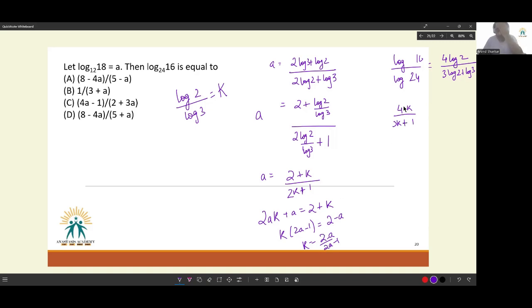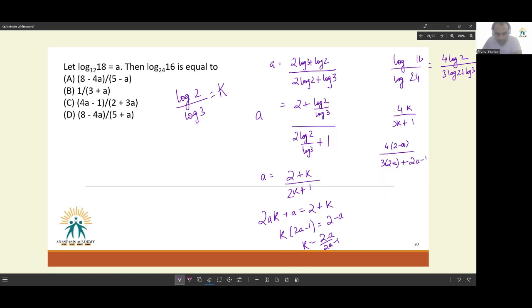Let me go ahead and put that. 4 times (2 minus a), and the denominator also I will put as 3 times (2 minus a) plus (2a minus 1). And whatever is the denominator here and here, they will cancel out. So I don't have to worry about it. So this is simpler to do.